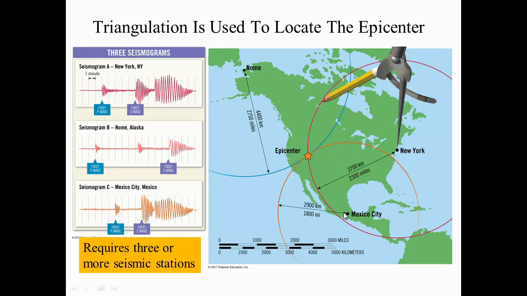And then we also have a third seismogram at Mexico City, where we construct a great circle of 2,900 kilometers based on its seismogram profile.